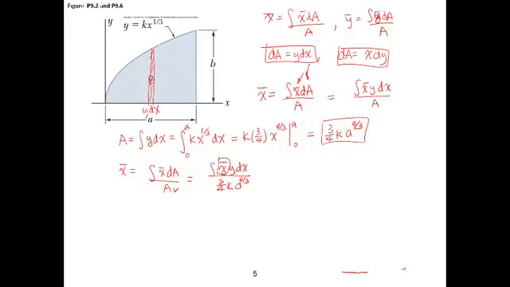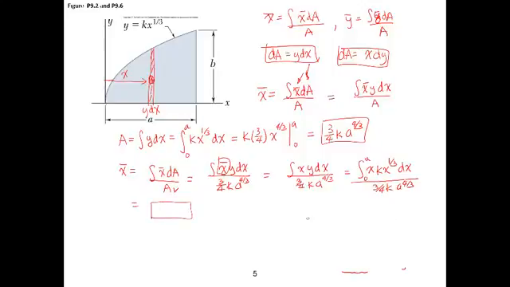Where's the centroid of that in x? Well, it's just x. Therefore, this is x y dx over 3/4 k a to the 4/3. And what we're doing is simply plugging in the y, k x to the 1/3, in here. My x's integration limit again will be from 0 to a, and you should be able to find the answer based on the integration.